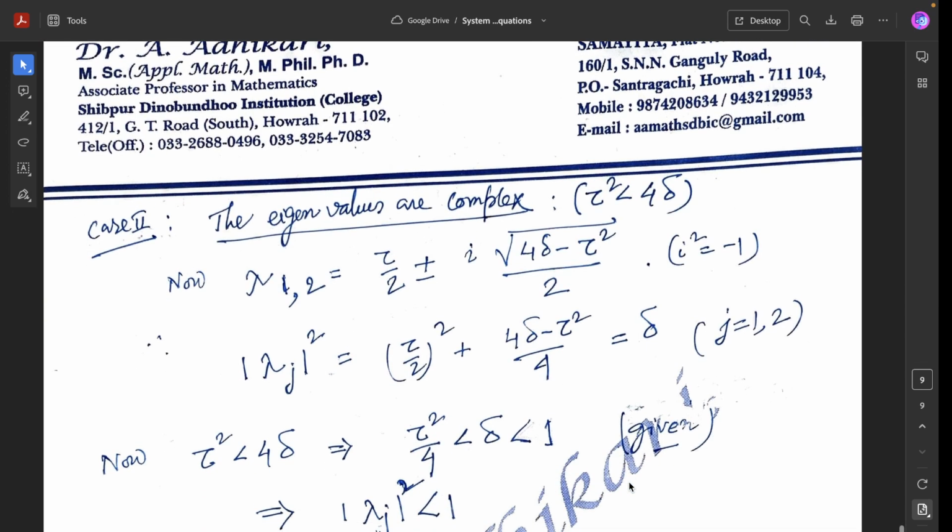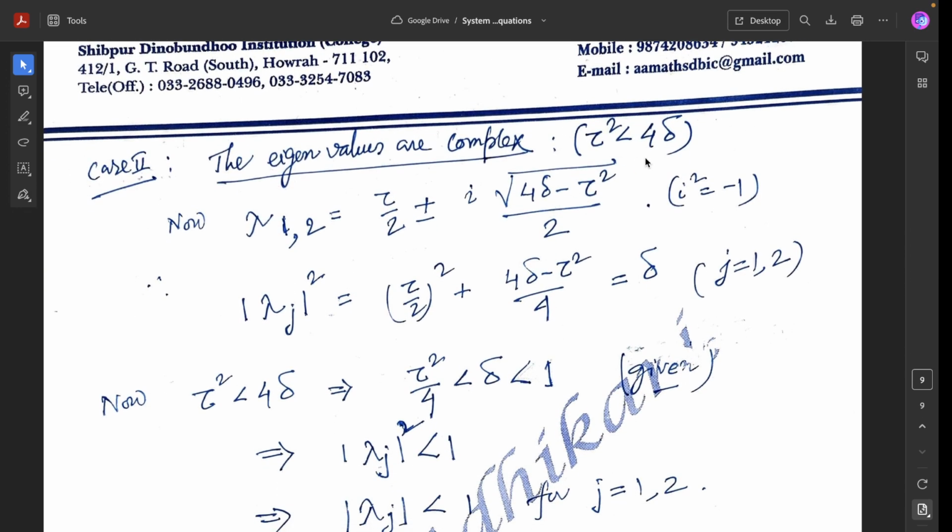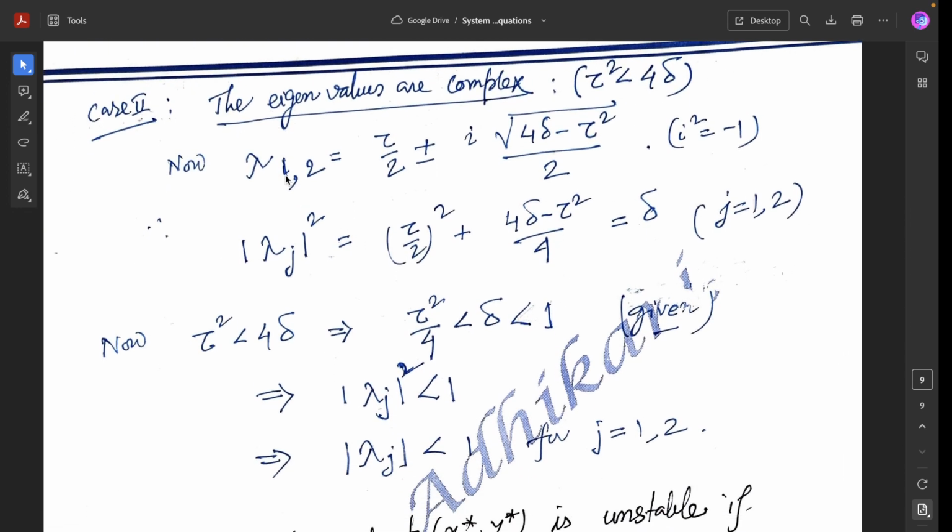And case 2, when eigenvalues are complex, that is tau square less than 4 delta. So the complex conjugate eigenvalues lambda 1, lambda 2 are tau by 2 plus minus i root of 4 delta minus tau square by 2, whole divided by 2, and modulus of lambda j square equals real part square plus imaginary part square, which equals delta after simplification.